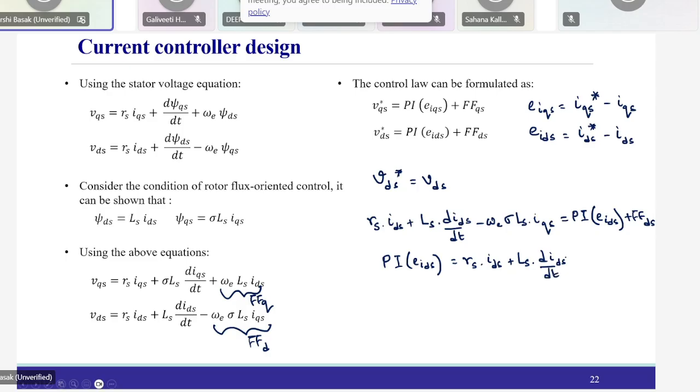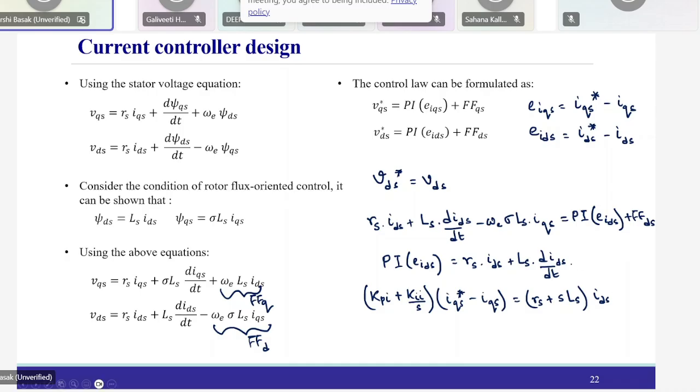Okay. So it is simple, right? So now you try to adopt this. Basically, this is nothing but KP plus KI by S into IQS reference minus IQS, that will be equal to RS plus S into LS into IDS.